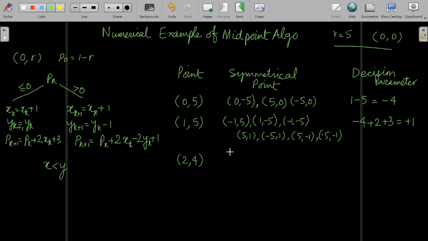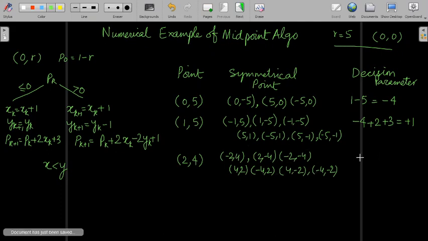So the next point is 2, 4, and you will get 7 more points out of symmetry, which are minus 2, 4, 2, minus 4, minus 2, minus 4, and after swapping you get 4, 2, you get minus 4, 2, you get 4, minus 2, and in the last, minus 4, minus 2. 1, 2, 3, 4, 5, 6, 7. 7 symmetrical points this time also. In total, we get 8 points.